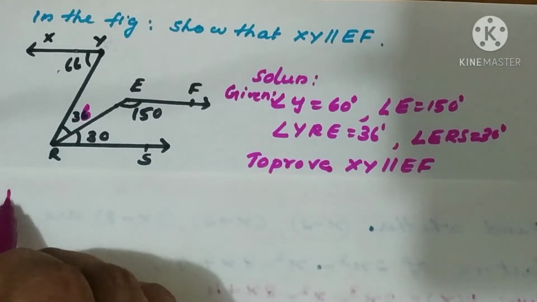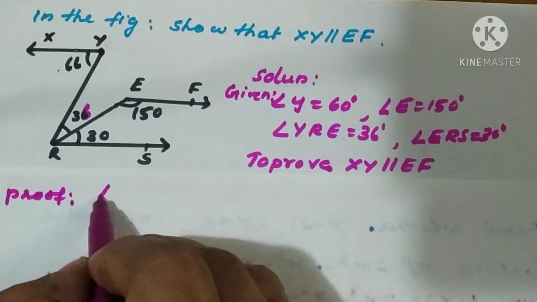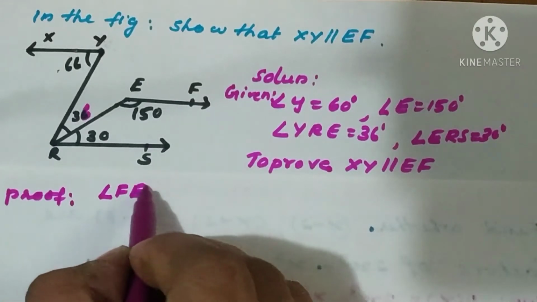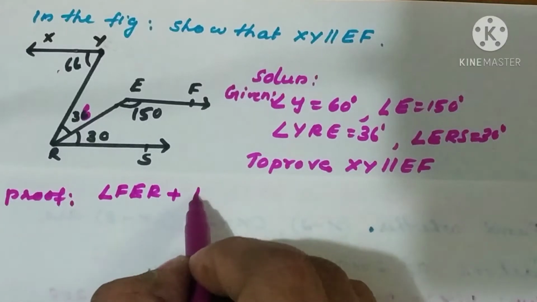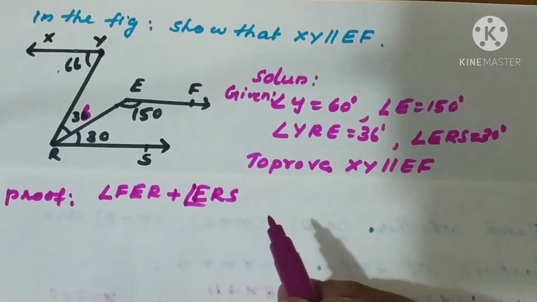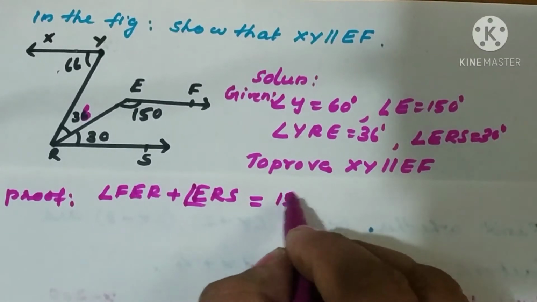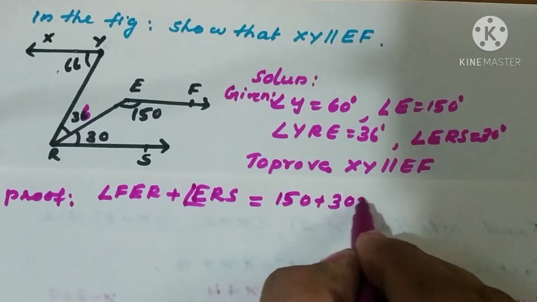Proof: angle FER plus angle ERS equals 150 plus 30 equals 180.